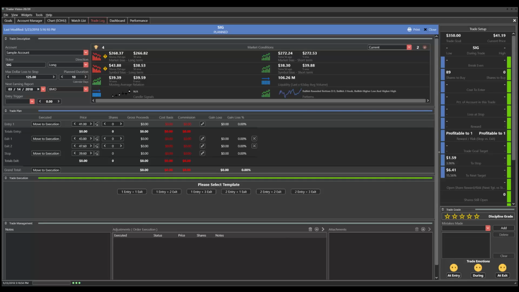I've got an estimate here. It says they report 6/6, so let's assume that that's right. We'll assume they keep the pattern of being before market open.